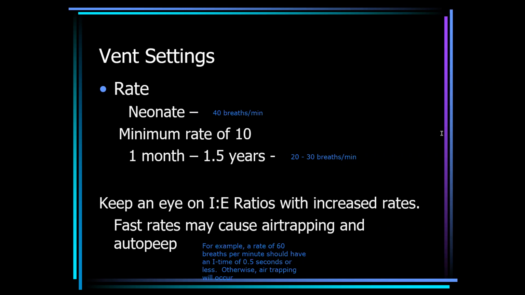Yeah, maybe with some BPD babies and the obstructed airways, we would want a longer exhalation time, just like we do with our COPDers on the ventilator. But your typical reasons for being on the ventilator, like RDS, you're okay with a 1:1 IE ratio. 1:2 is better, but 1:1 is acceptable.